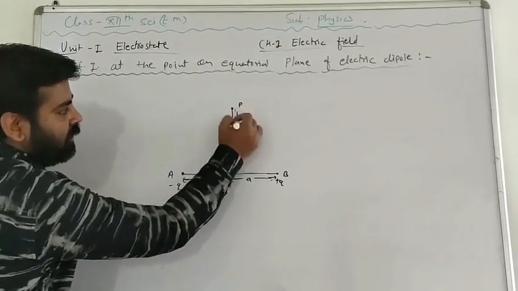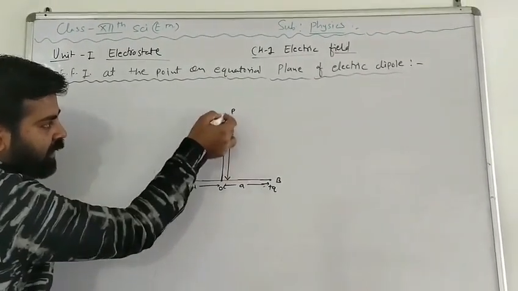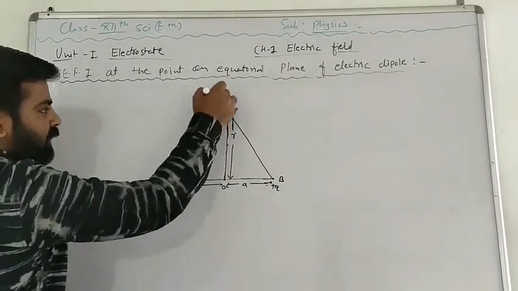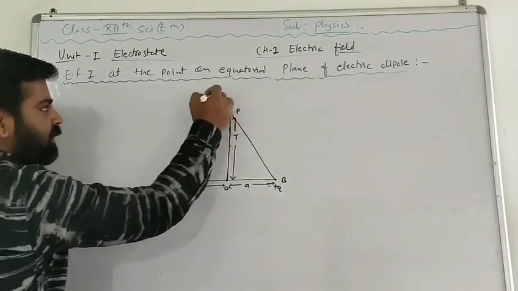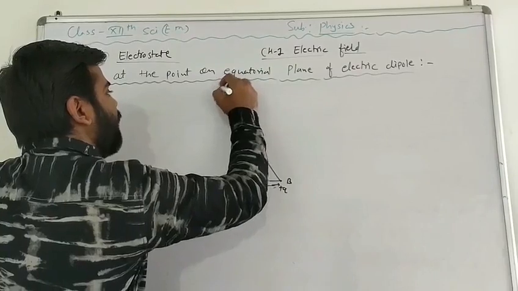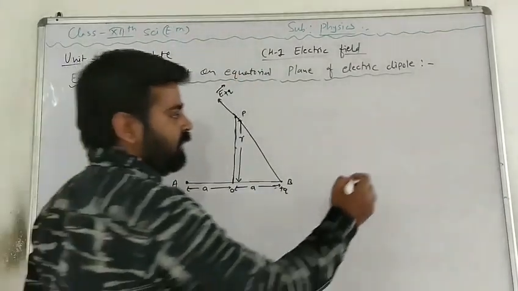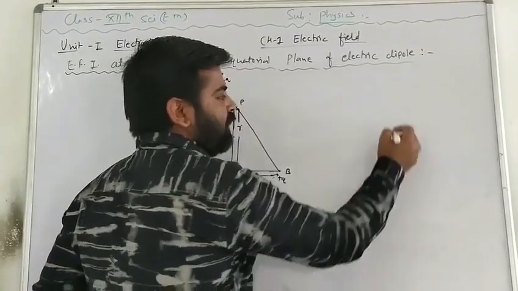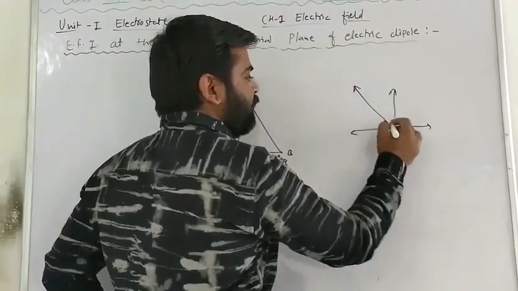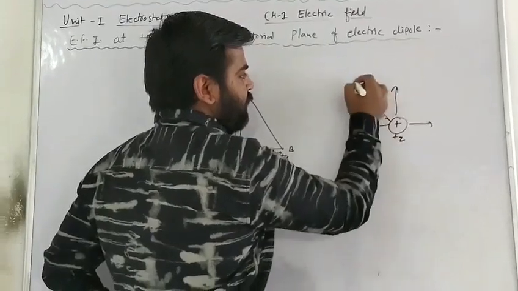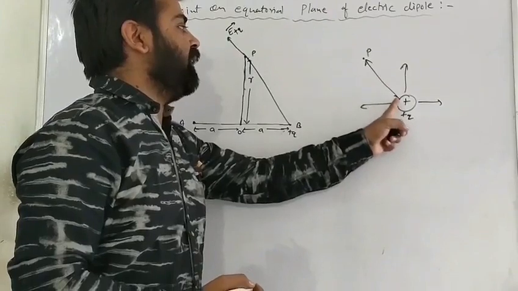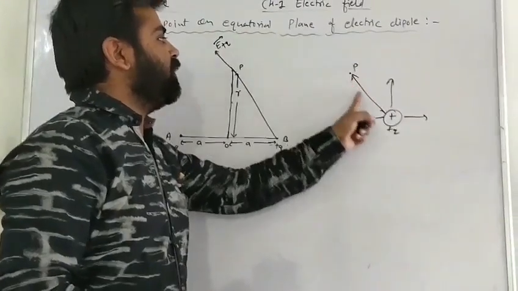So at P point, due to plus q charge, the electric field intensity direction is towards outside, and this is drawn this way and represented by E plus Q vector. In previous class, I have discussed electric field intensity is always towards outside. Here is plus q charge and here the point is P. So electric field intensity direction is always towards outside.